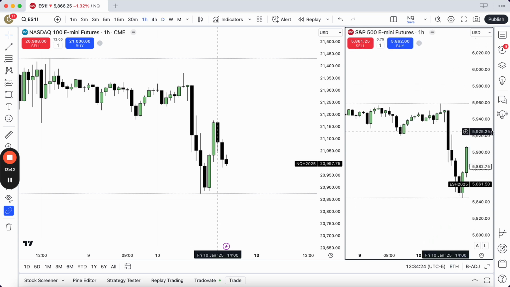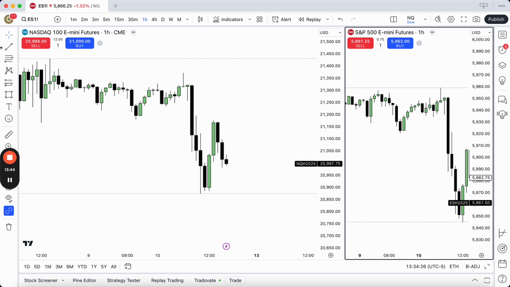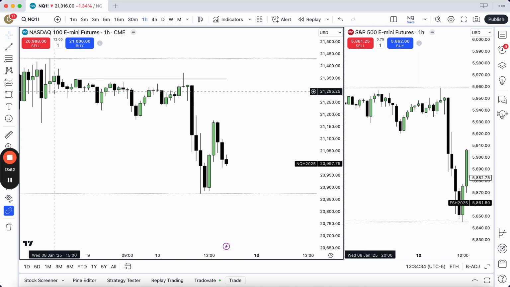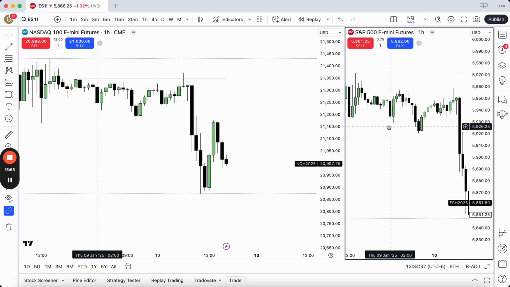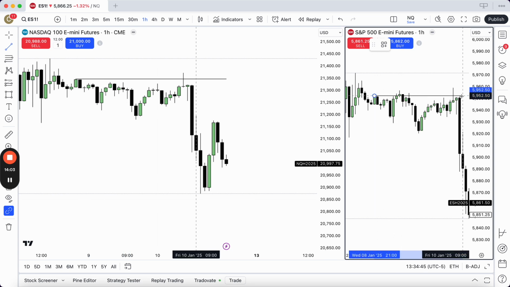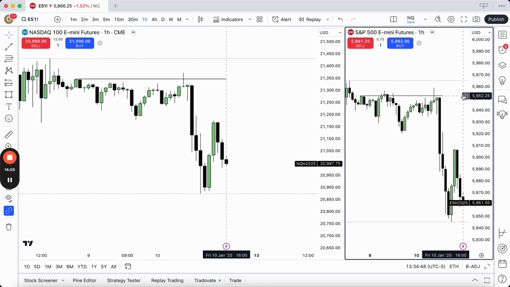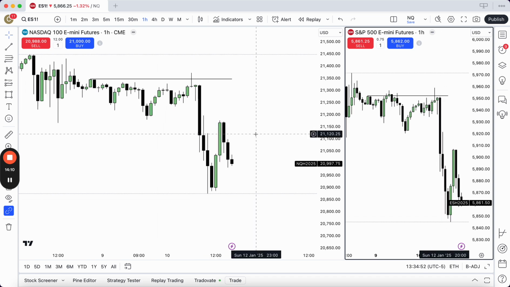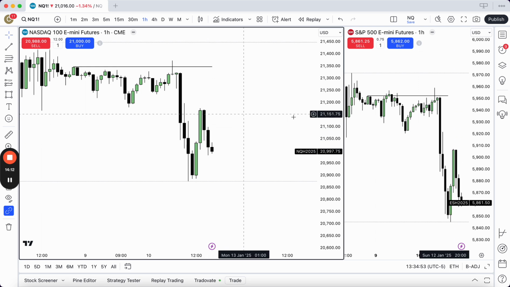If I wanted to trade, let's say I wanted to trade this, okay? Right here. Okay. So price ends up sweeping this high. Also, I'm just giving you an example. All right, I didn't trade this, but if you wanted to use liquidity to trade, this is how you would do it.